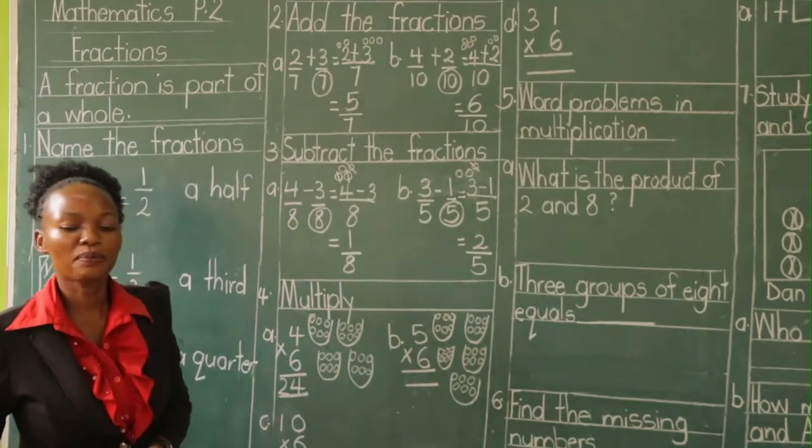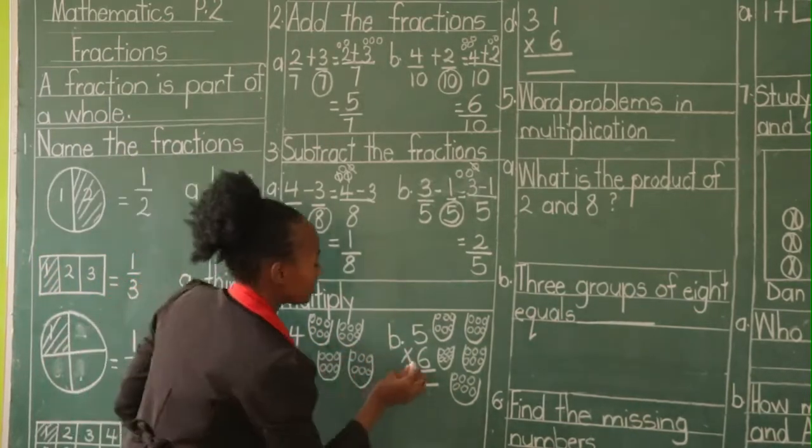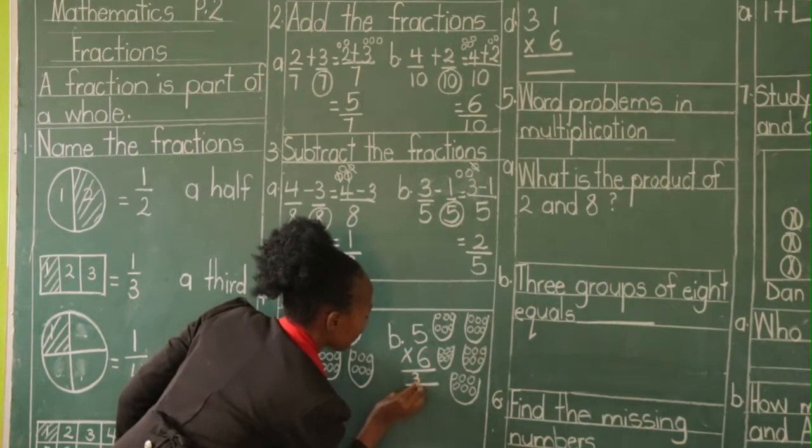Our answer is going to be 30. 5 times 6, the answer is 30. Write our answer there, 30.